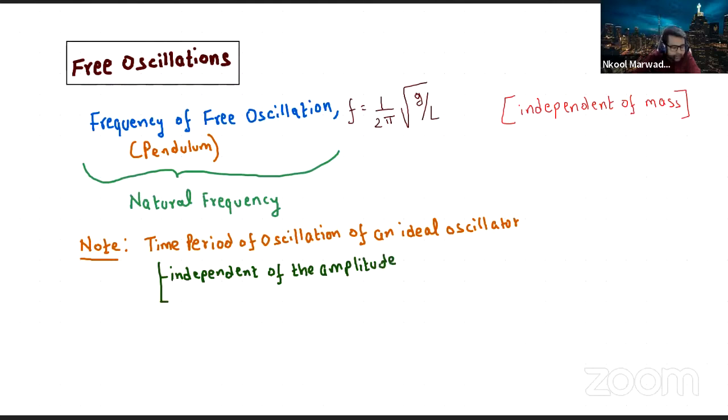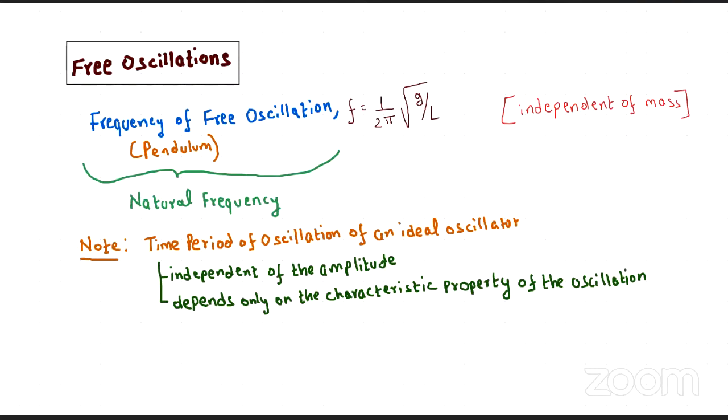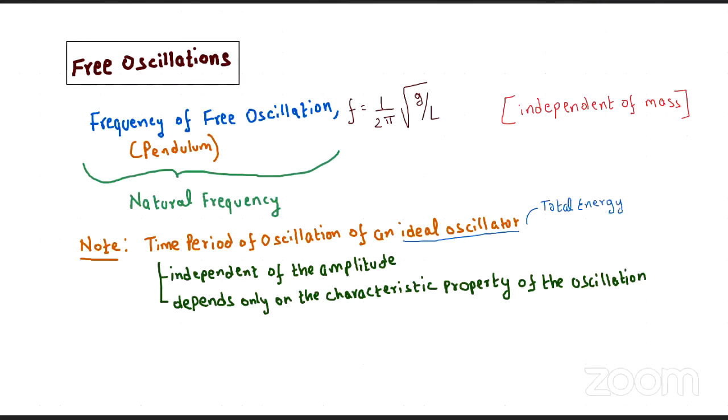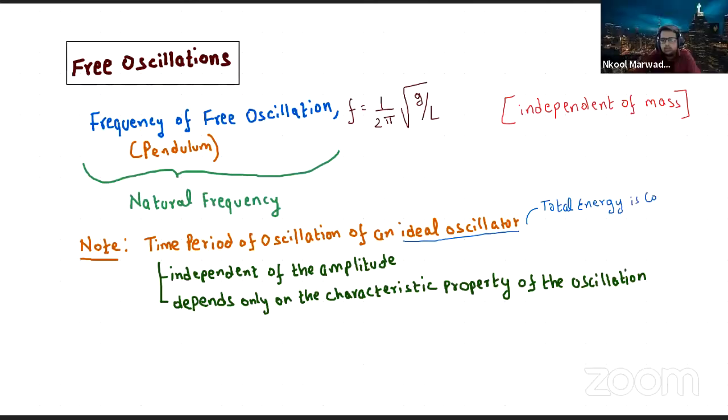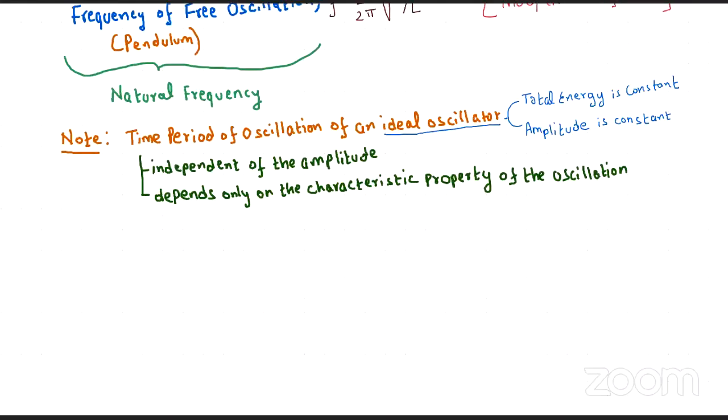It depends only on the characteristic property of the oscillation. So this is very clear. In an ideal oscillator, the total energy and the amplitude remain constant. Total energy is constant, conserved, and amplitude is constant.